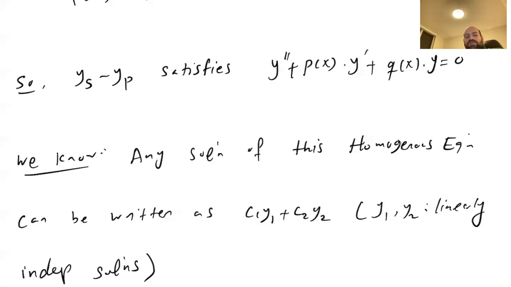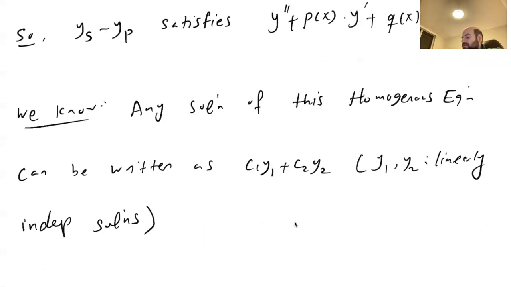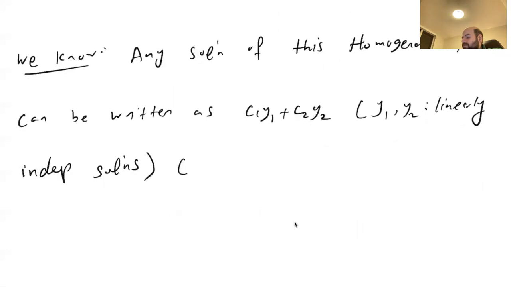And ys minus yp is one of the solutions of this equation. So what does that mean? Well, that means ys minus yp can be written as c1y1 plus c2y2 for some constants c1 and c2.